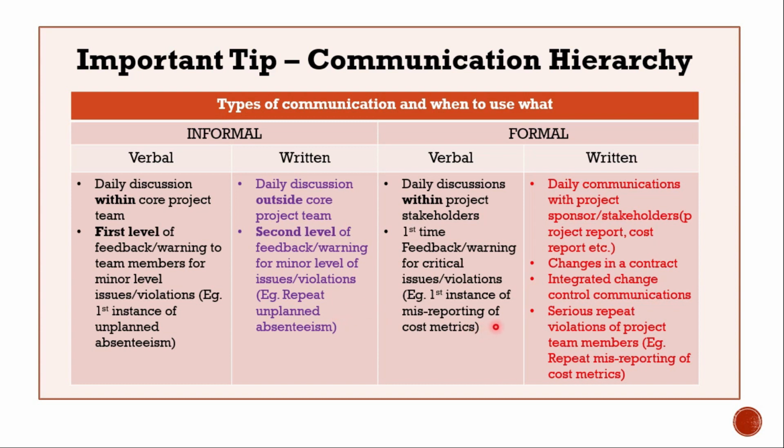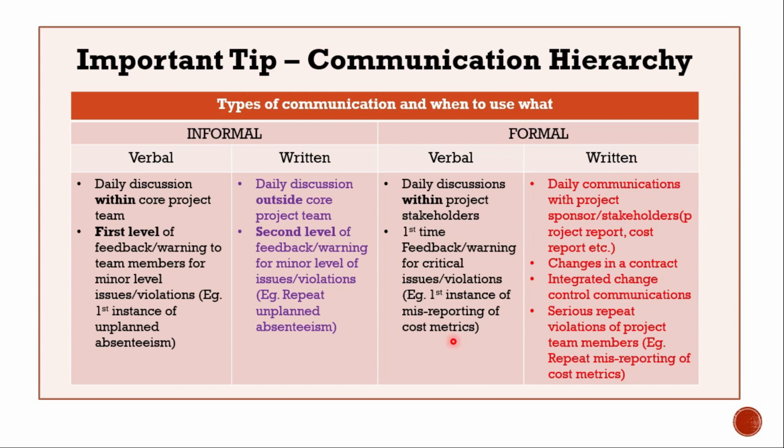It moves on to formal verbal communication when there is a first-time feedback or warning for critical issues or violations. For example, if there is a first instance where you see a misreporting of the cost metrics, so if your cost engineer reports the NPV of the project, or maybe the CPI or SPI of the project, erroneously, that's a formal verbal communication you do with your cost engineer, and you try to understand why that data point got wrongly reported.